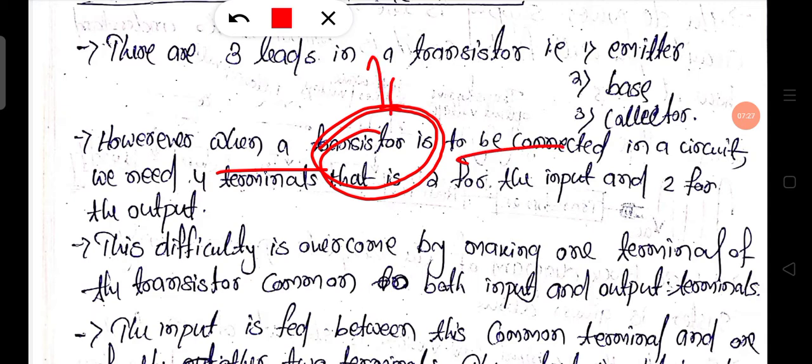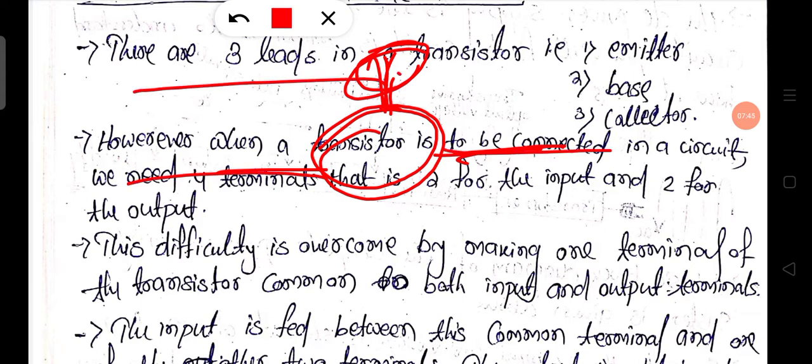This is our three terminal transistor. Let's say we make this terminal common for both input and output. So the input is this terminal and the common terminal, and the output is this terminal and that common terminal.